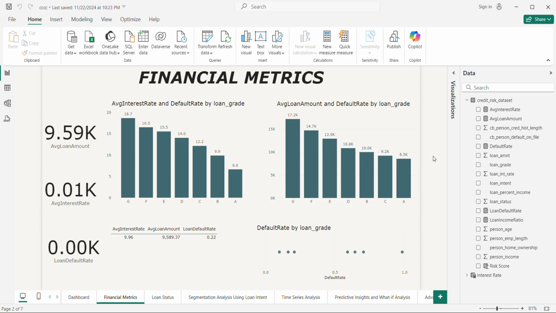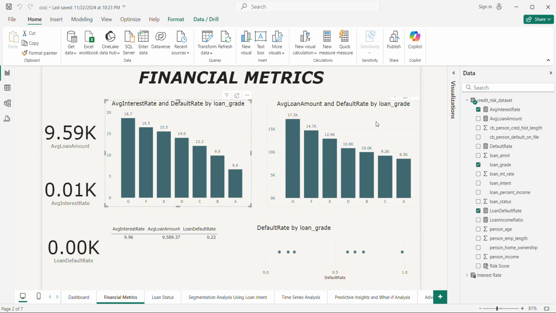First is the average interest rate, then the average loan amount, and then the default rate. There's a chart which shows the average interest rate and default rate by loan grade. As you can see, the G loan grade has more as compared to the other loan grades.